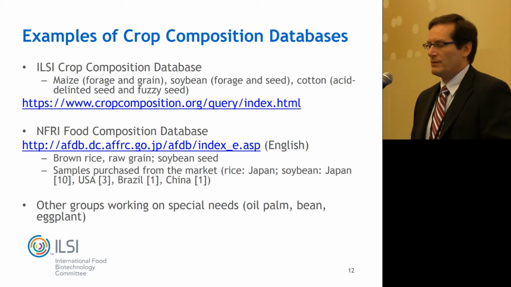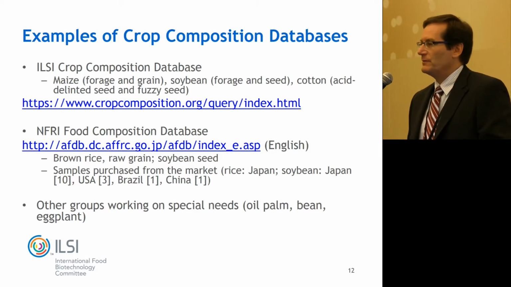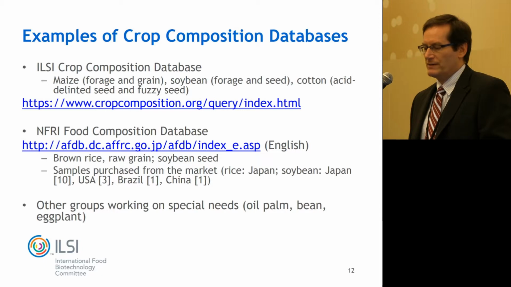So they actually purchased rice on the market in Japan. Soybeans are imported into Japan, so they included not only Japan, but also some samples from U.S. grain, and Brazil and China as well.